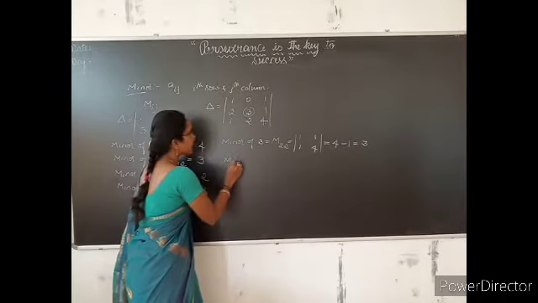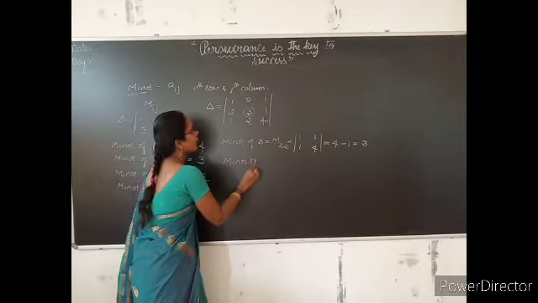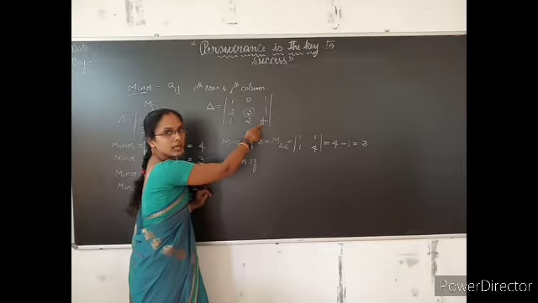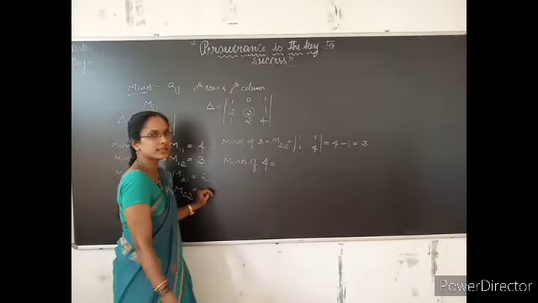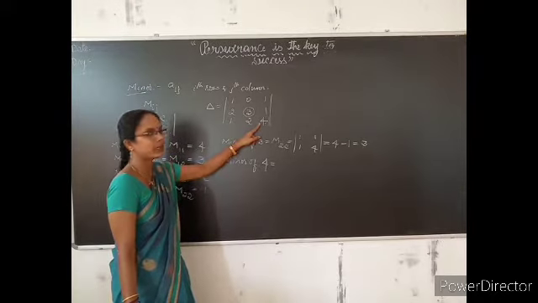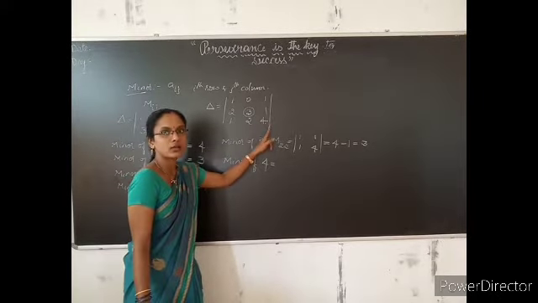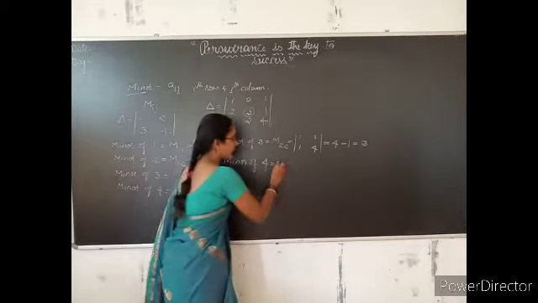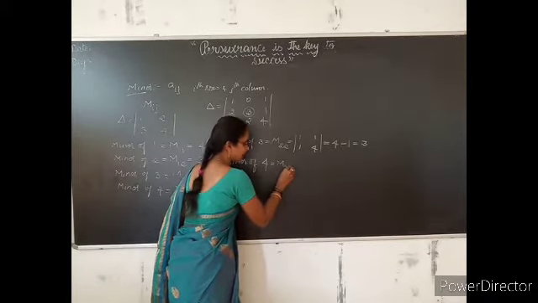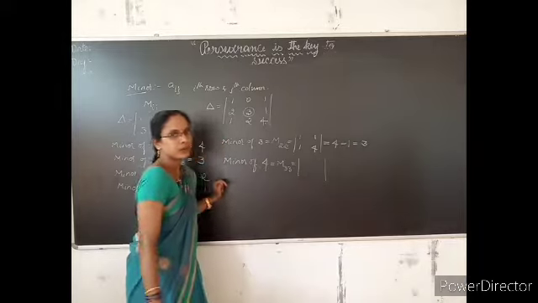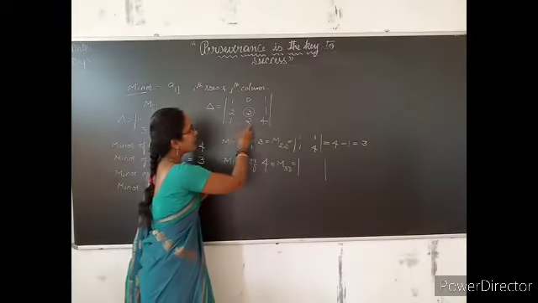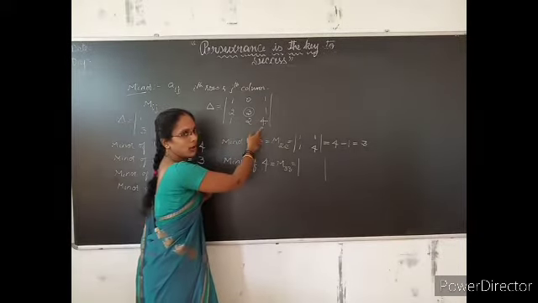Let's have one more example: the minor of 4. The element 4 lies in the third row, third column, so we denote this as M33. This is the determinant obtained by deleting the third row and third column.